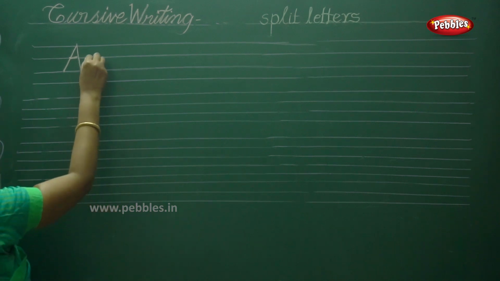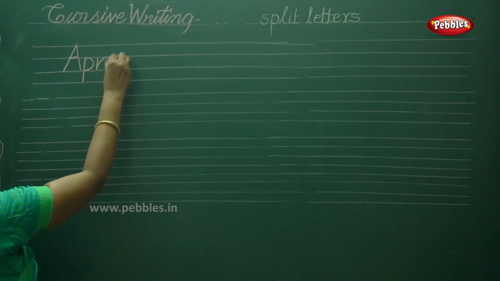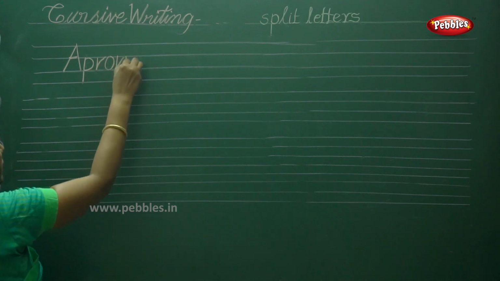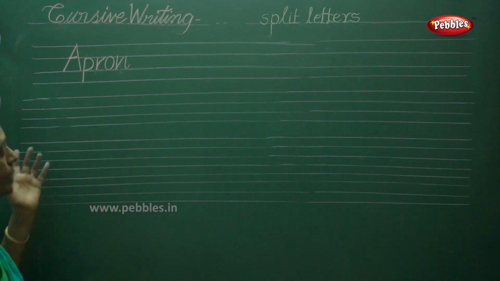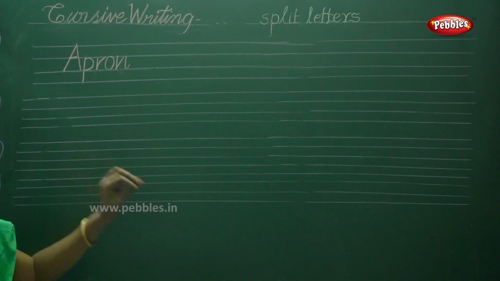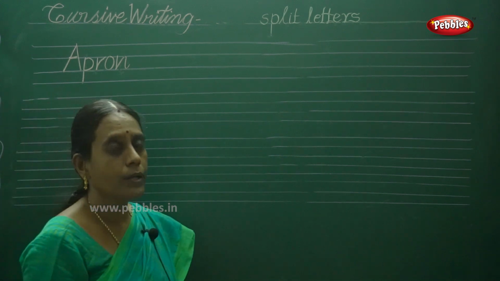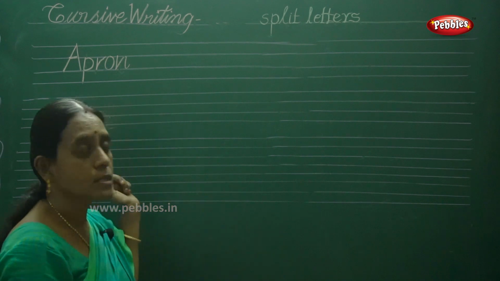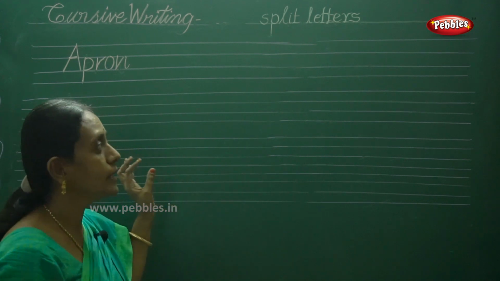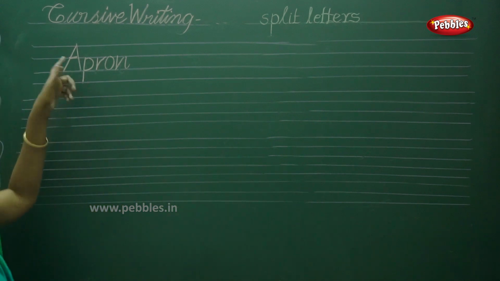So simple B, R, O, W, N. It has no fixed font or rules, but split handwriting is very useful and very fast writing method. While you are taking notes or doing any other copying work, use this, and it's also a neat manner.